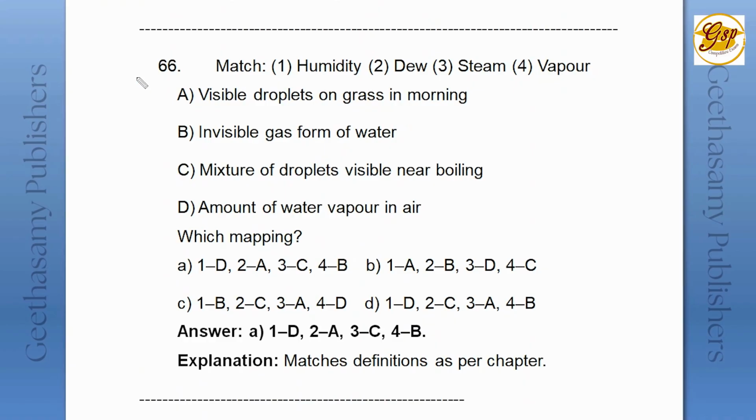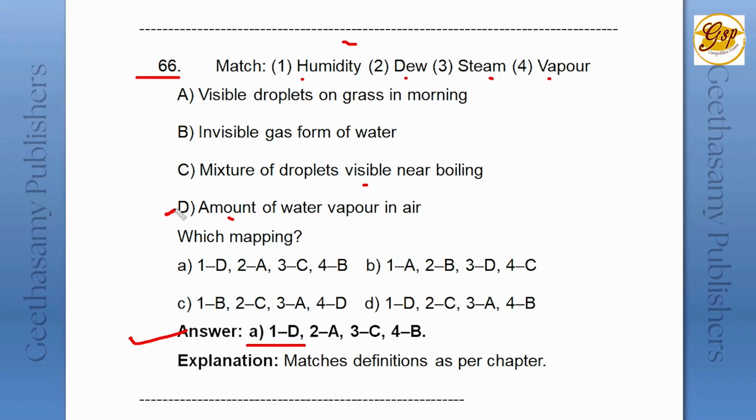Then the 66th question: humidity, dew, steam, vapor. Matching: visible droplets on grass in the morning, invisible gas form of water, a mixture of droplets and visible vapor near boiling, and the amount of water vapor in the air. The correct answer is A. Humidity is the amount of water vapor in the air.